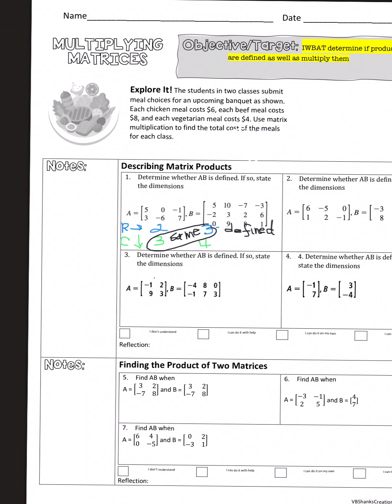Now, since they are defined, we're going to go ahead and write the dimensions. And so the dimensions are going to come from these two numbers, the 2 and the 4. So my dimensions are a 2 by 4.